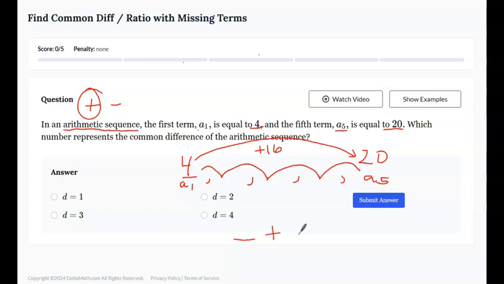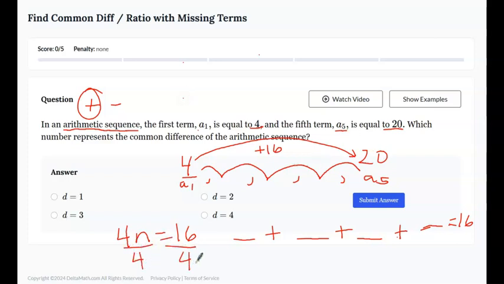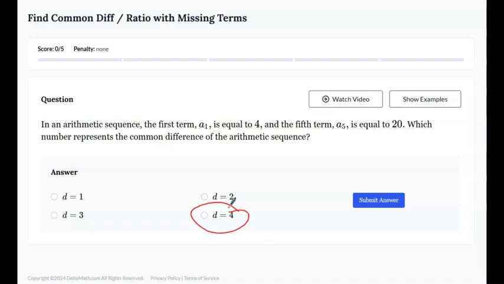So some number added together 4 times has to equal 16. So that's how I'm figuring out what that common difference is. And when I solve for n here, I see that the number would be 4. So the common difference is 4.